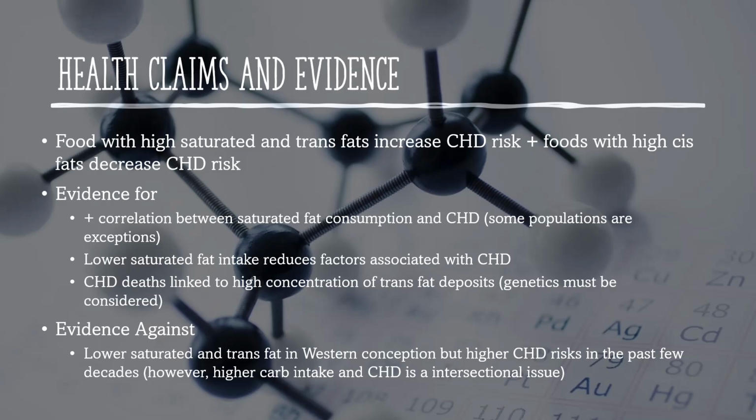For the health claims and the evidence, foods associated with high saturated and trans fatty acids have been linked in studies to increased outcomes with chronic heart disease, and the reciprocal is true in studies where patients consume a lot of cis fats.